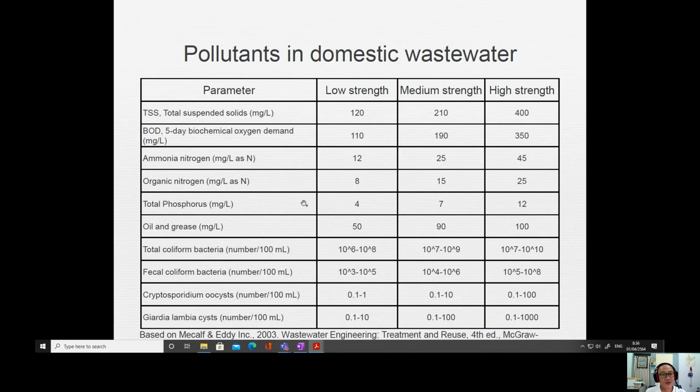So the conversion from milligrams per liter as ammonia or milligrams per liter as organic nitrogen to milligrams per liter as nitrogen, I have already explained sometime before the midterm exams. I can't remember exactly, but a long time ago we had discussed the unit conversion already. So, okay, this is the general background about the wastewater characteristics.